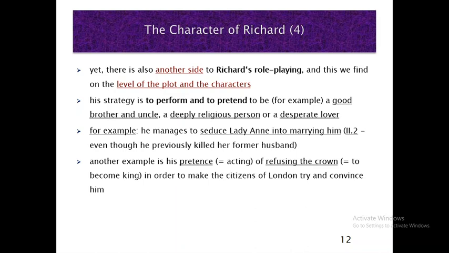As I already mentioned, he manages to seduce Lady Anne into marrying him. Just imagine. She knows that he previously killed her former husband, and he nevertheless is able to seduce her into marrying him. Or another example is his pretense, that basically means his acting, of refusing the crown.